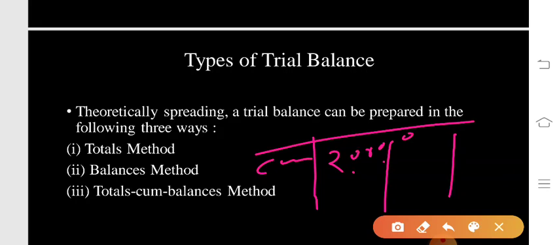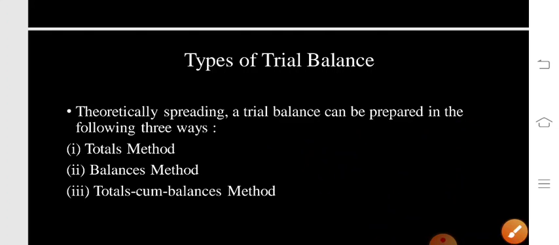So always remember, whichever total is higher, in trial balance the amount will appear on that side only. Or we can say that in the other method, if the balance is adjusted towards the credit side, write it on the debit side of trial balance, and vice versa. So this was the second method.